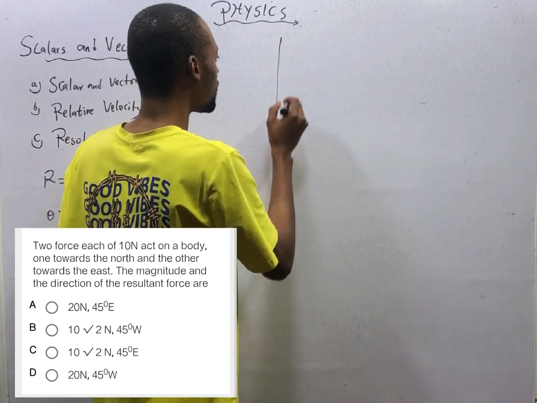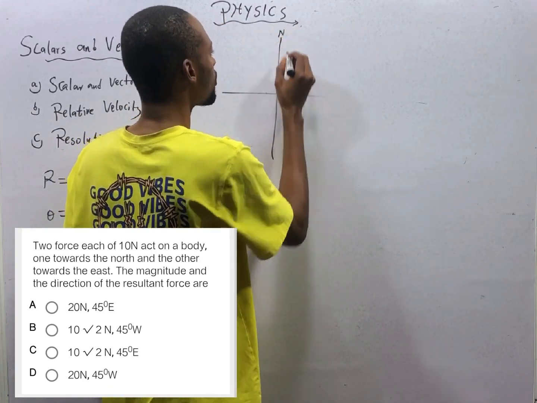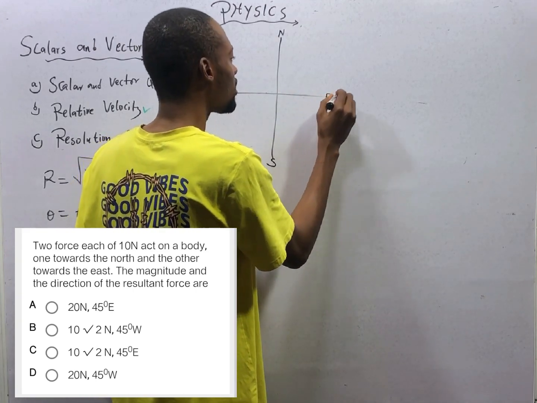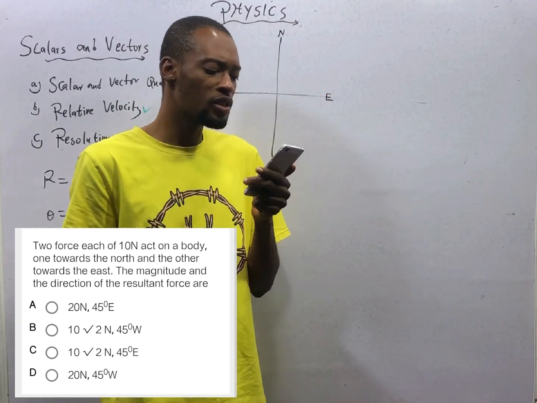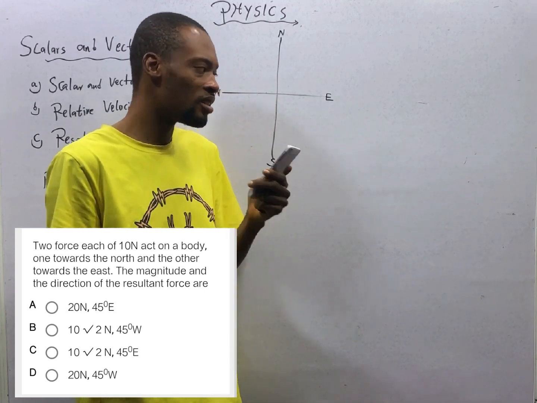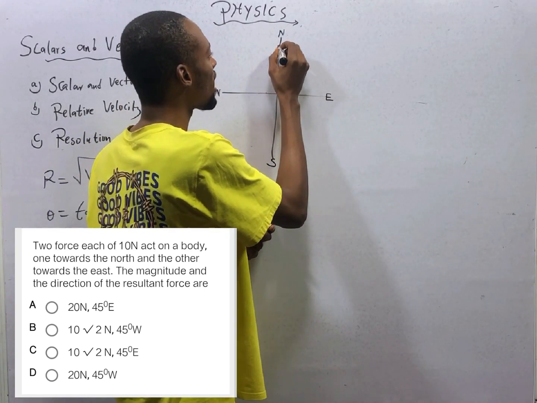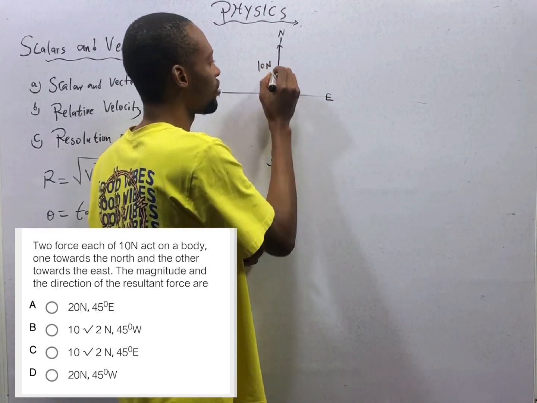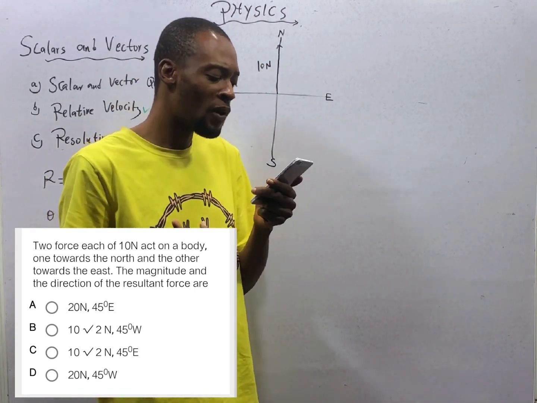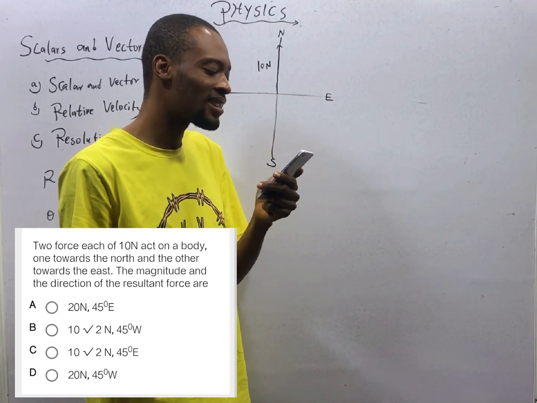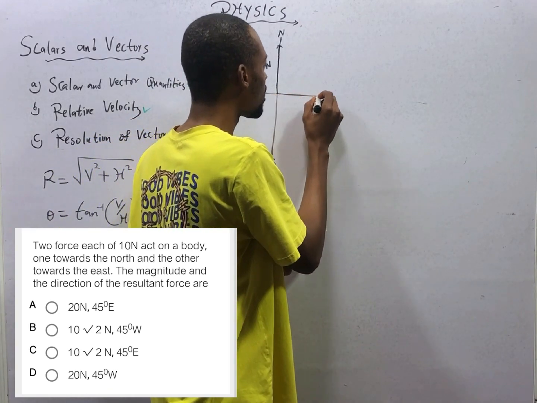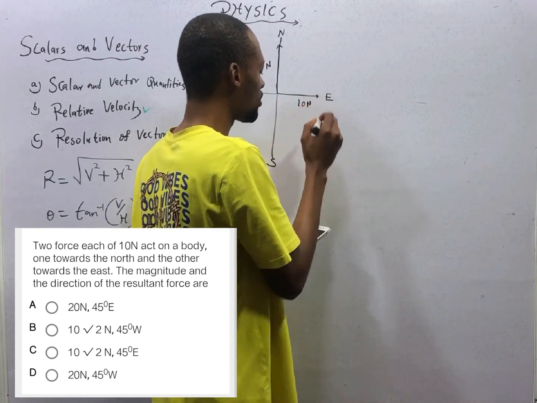If you have the cardinal points, this is your north, this is south, this is west, and this is east. One of them acts towards the north, so this one acts like this at 10 Newton. The other one acts towards the east at the same 10 Newton according to the question. This is east, 10 Newton.